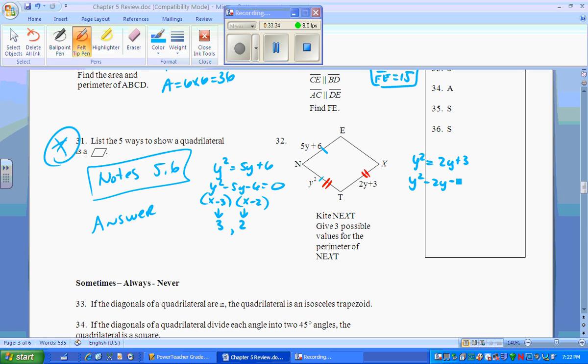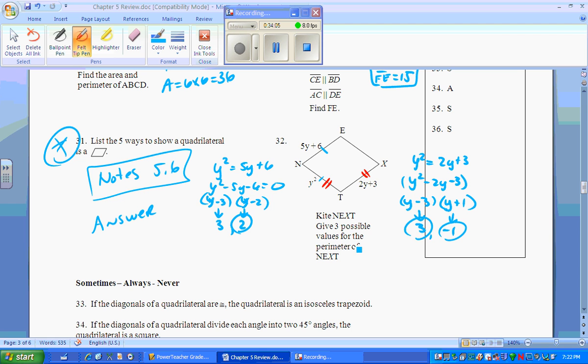So y squared minus 2y minus 3, and we get y and y. And that gives us two numbers that multiply here, negative 3 and positive 1. So these answers are 3 and negative 1. We have 4 answers, but 2 of them are the same. So all 3 of these answers work.